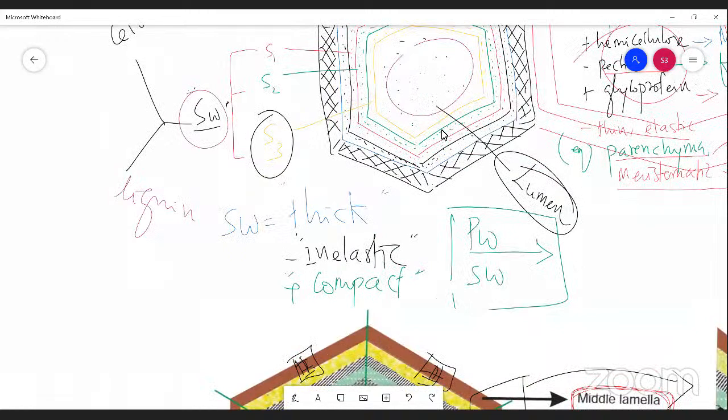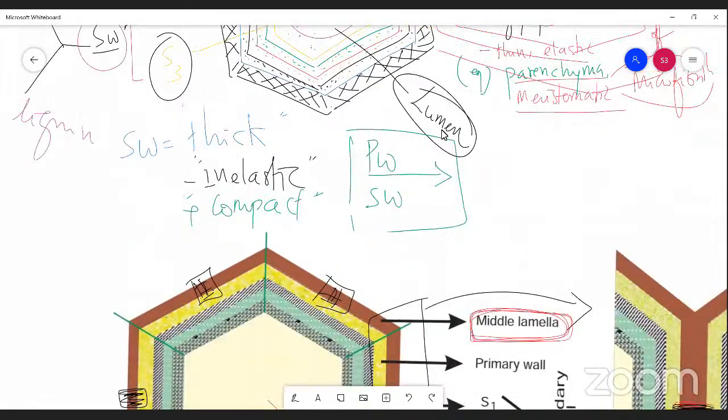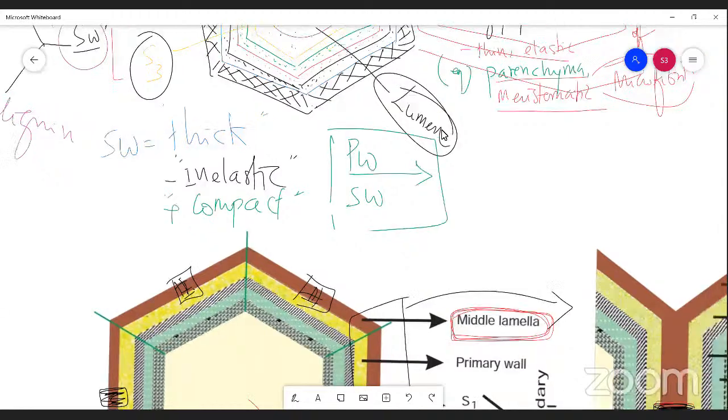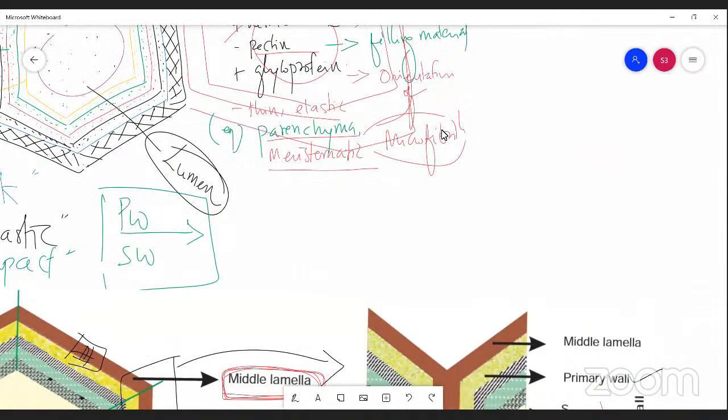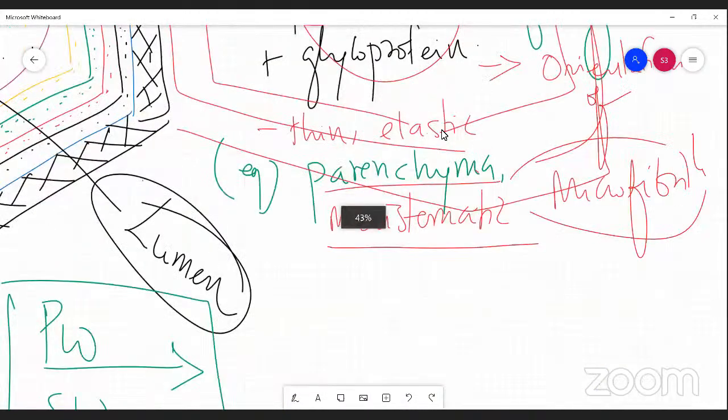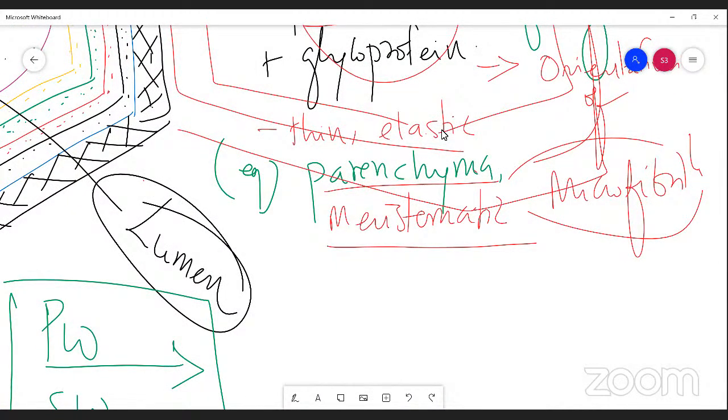Compactly arranged. Then what do you mean by inelastic condition? Not expandable, not flexible. Flexible is about the primary cell wall. Which cell has only a primary cell wall? Parenchyma, meristematic. Really good.